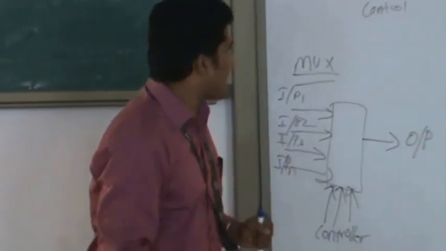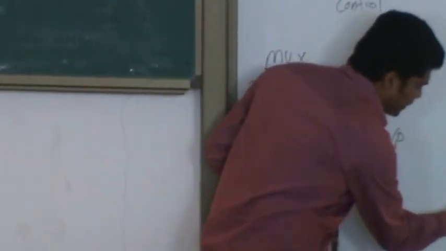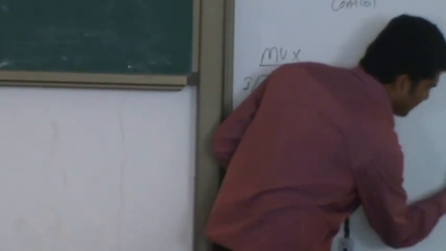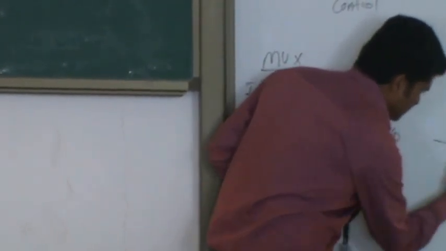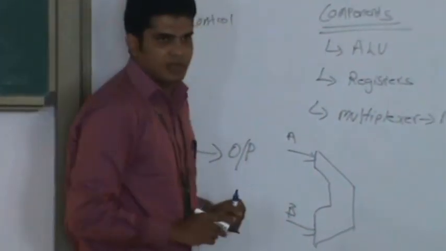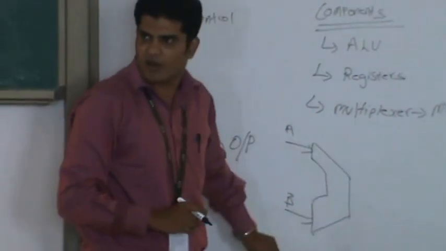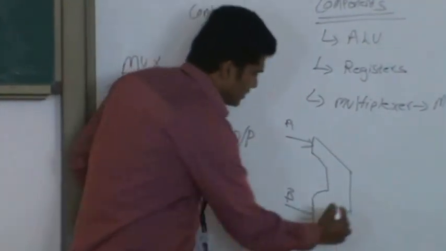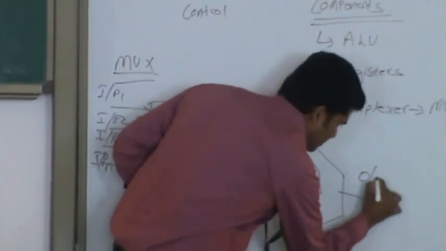Suppose I have a 2-input multiplexer. So my diagram will look like this. Input A, input B. It will select either A or B. So 1 is going to be the output.